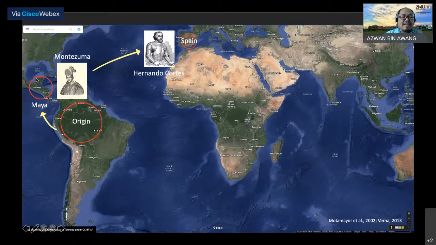And then 1,500 years ago, Spain's Hernan Cortes, the conquistador, came to this place and met Montezuma. Montezuma was the king there, and Cortes brought cocoa back to Spain, and the Spanish liked it very much.